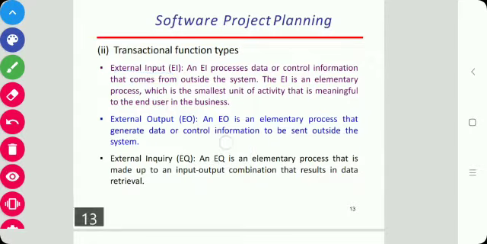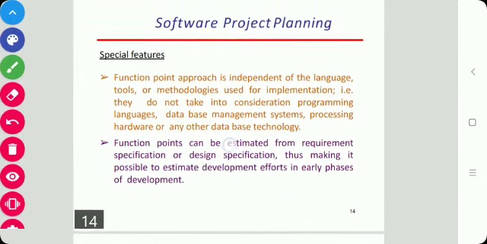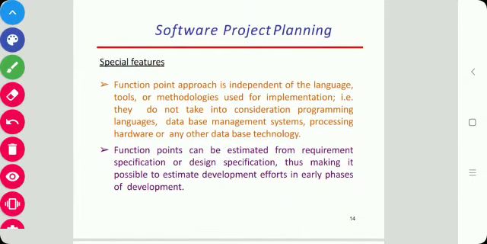The features of function points are: first, the function point approach is independent of the language, tools or methodology used for the implementation. Second, function points can be estimated from the requirement specification or design specification.